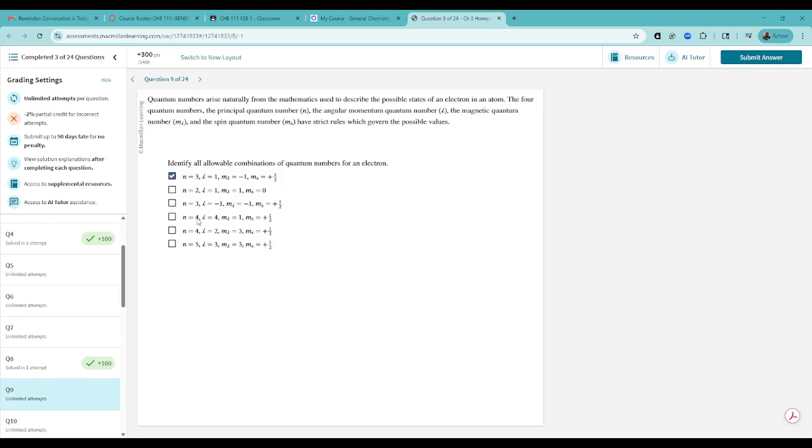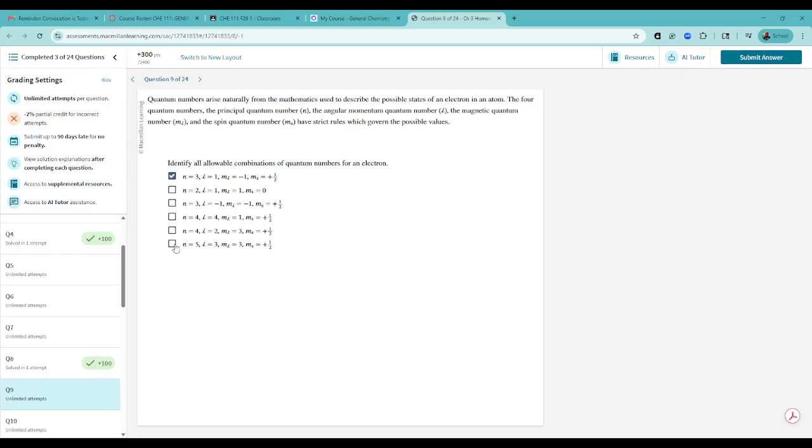When n is 4, the max allowable value for L is 3, so no, that's not allowable. When n is 2, L can be 2? No. When n is 4, L can be 2, but m sub L can never be greater than L, so no.